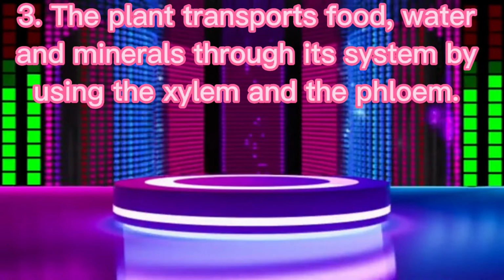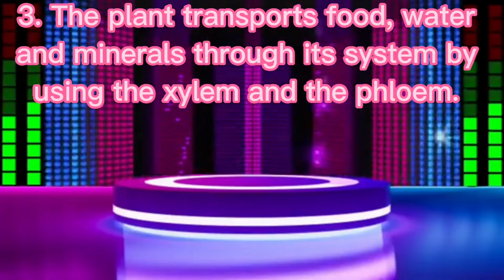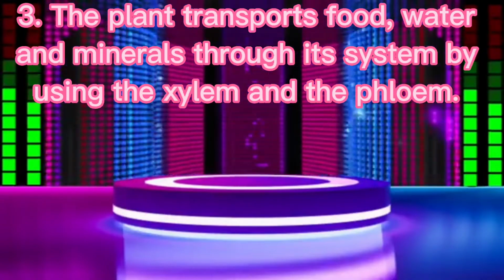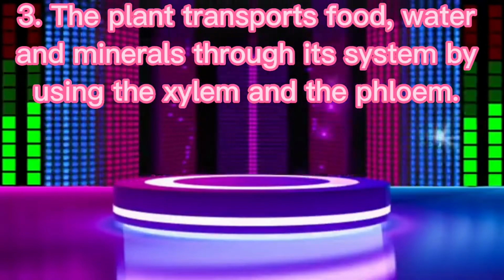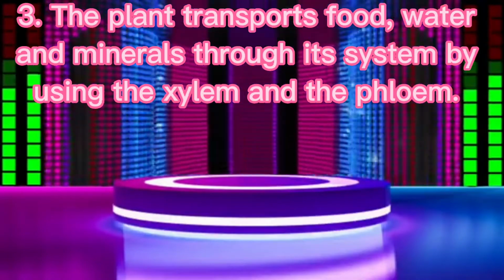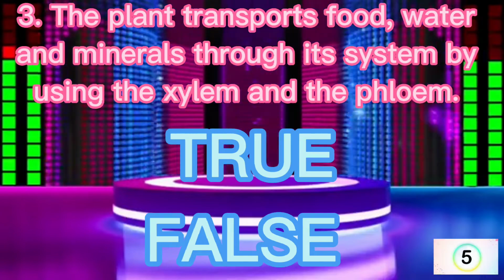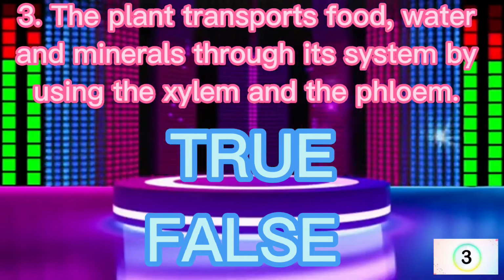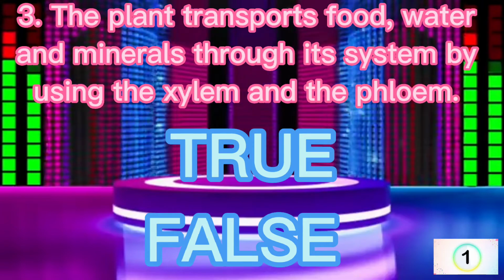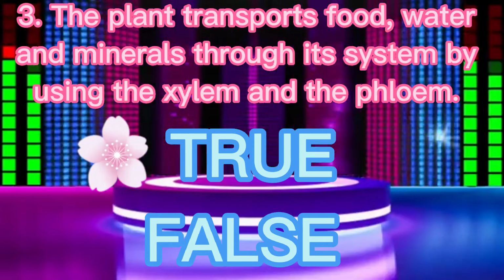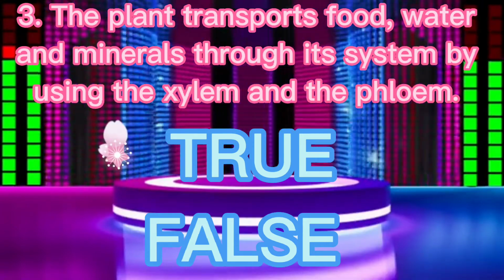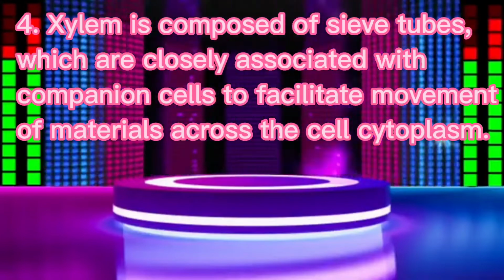Number 3. The plant transports food, water, and minerals through its system by using the xylem and the phloem. Is it true or false? Very good. The correct answer is true. Number 4.